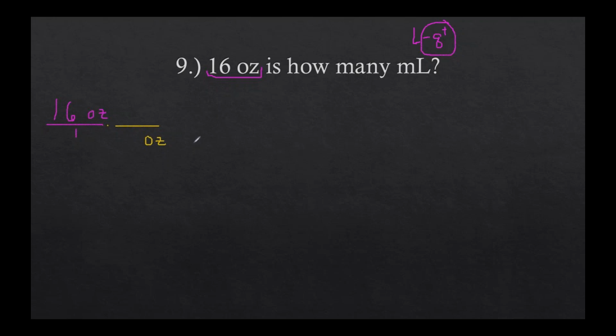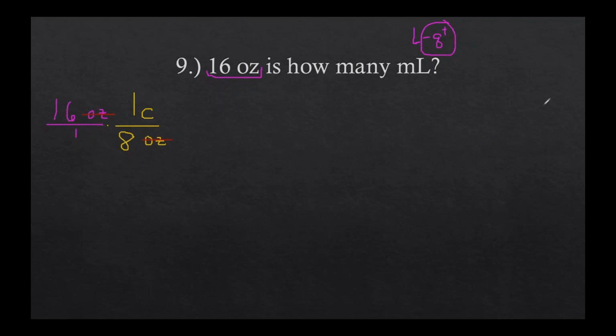That's also something you have to make sure you're paying attention to because ounces can be tricky because they're in 2 different sections. So we know that there are 8 ounces in 1 cup, right? When we're talking about liquid volume. So that step there allows me to get rid of ounces, and now I'm in cups.